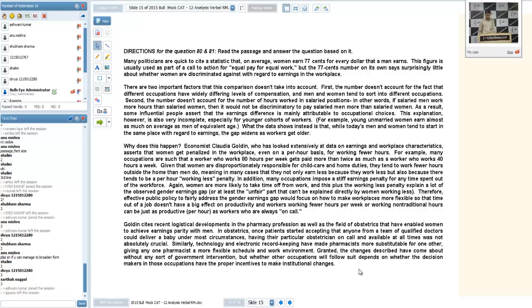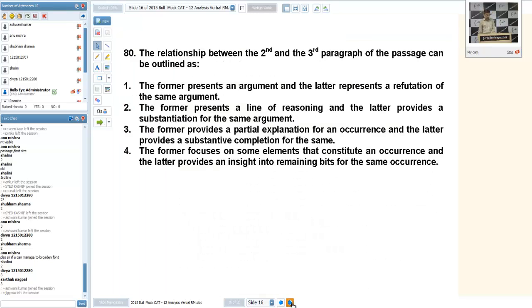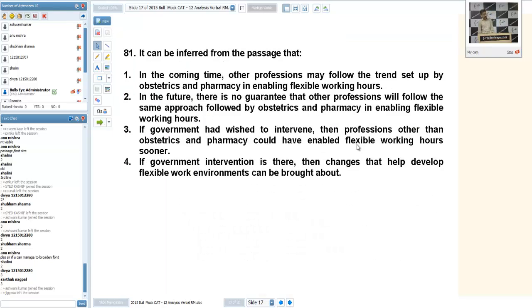But from this, we can make out that if government had wished to intervene, professions other than obstetrics and pharmacy could have enabled flexi working hours. In the passage, it is clearly shown that in pharmacy and obstetrics, doctors, gynecologists, flexi hours are there, but in other professions flexi hours are not there. But if government had wished, other professions could have seen the same thing happening.